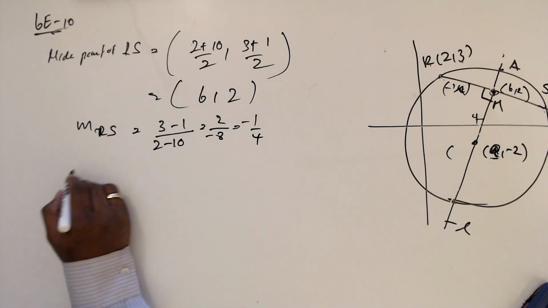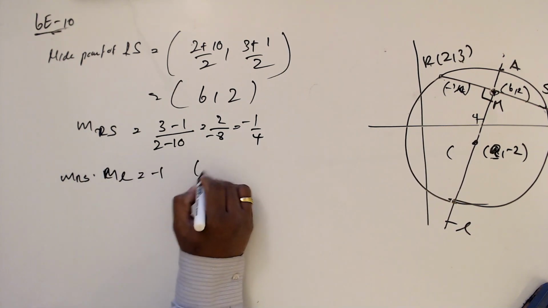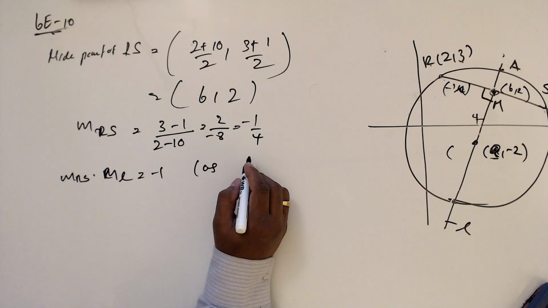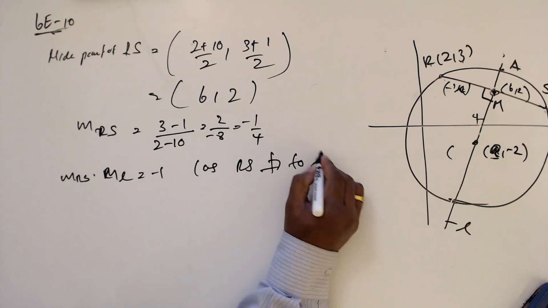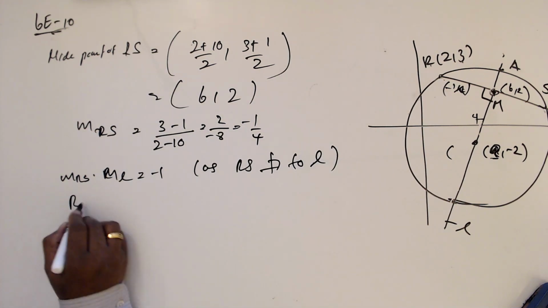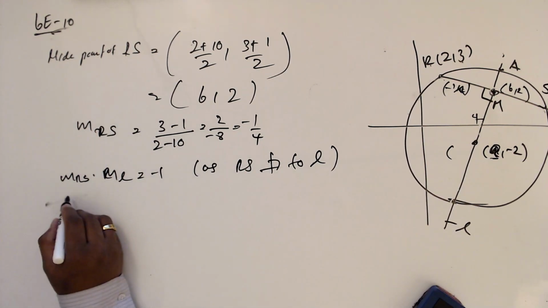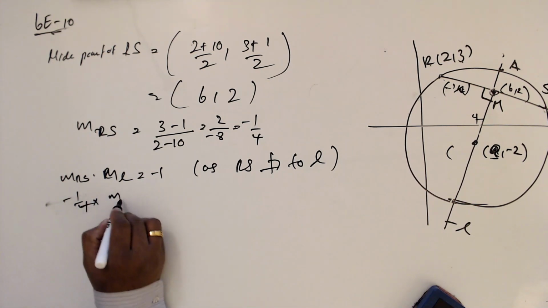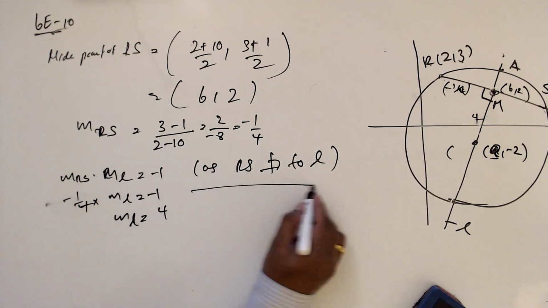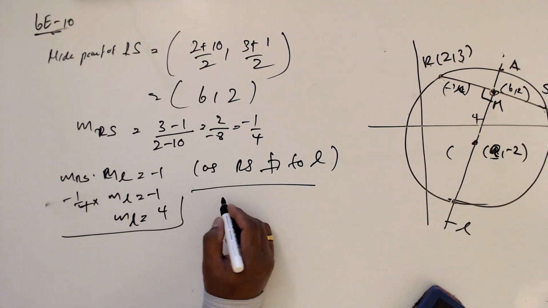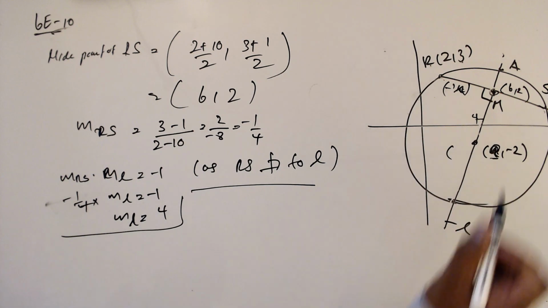We can show this: M of RS times M of L equals minus 1, as RS is perpendicular to L. So minus 1 over 4 times M of L equals minus 1, so M of L equals 4. Now we can write the equation. We have the point 6, 2 and we have a gradient.